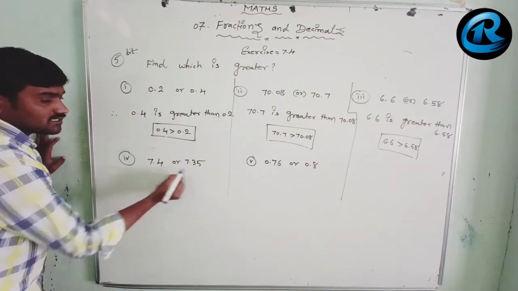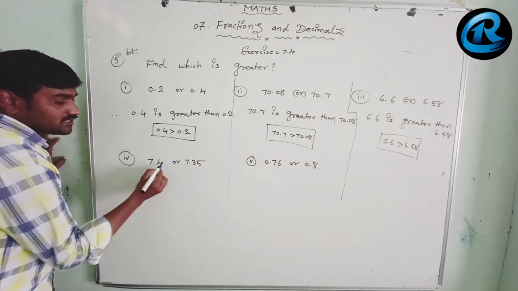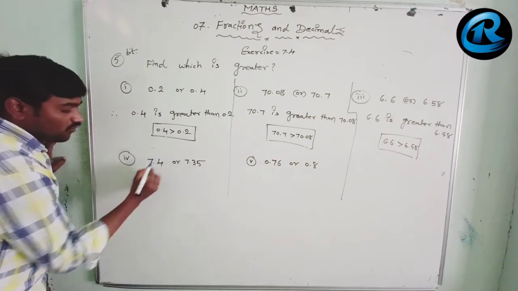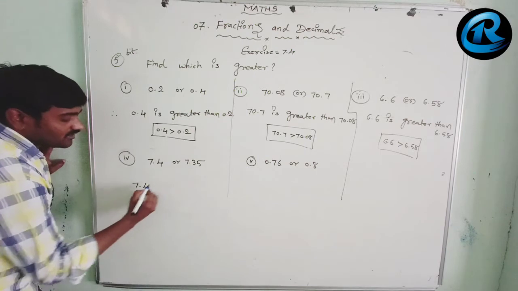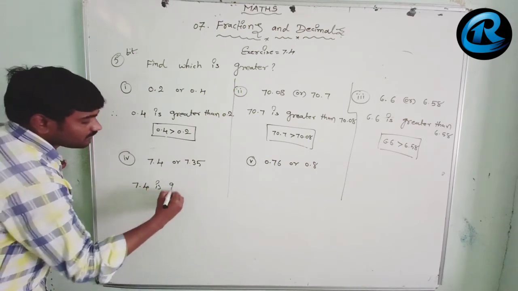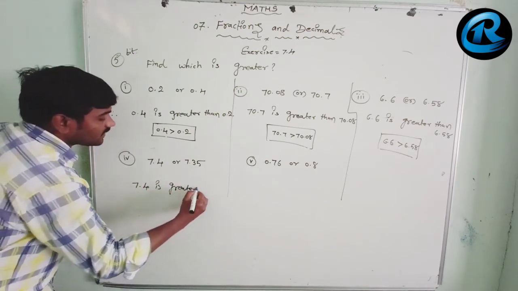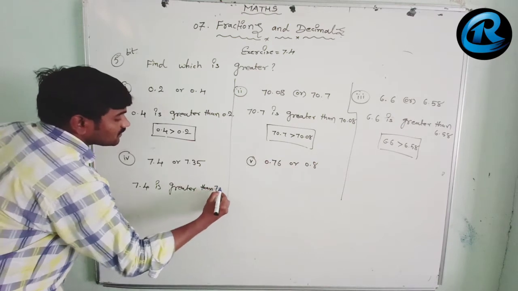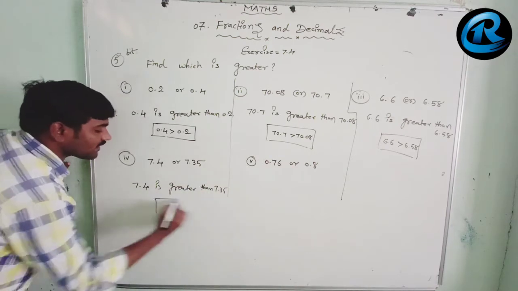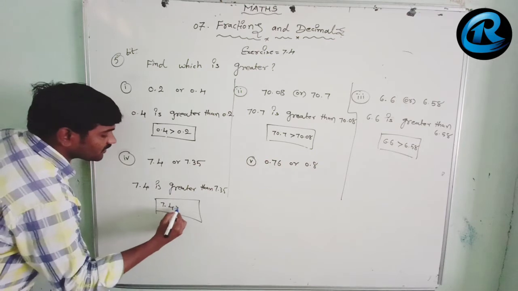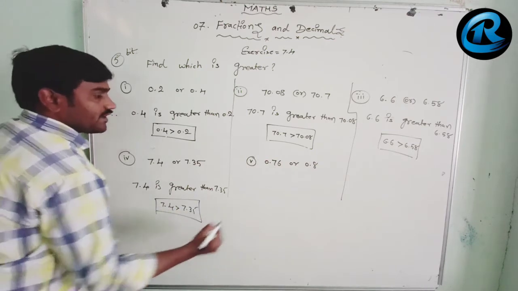And here you see 7 and 7. Next 4 and 3. So 4 is greater than 3. So here 7.4 is greater than 7.35. So we write like this now: 7.4 is greater than 7.35.